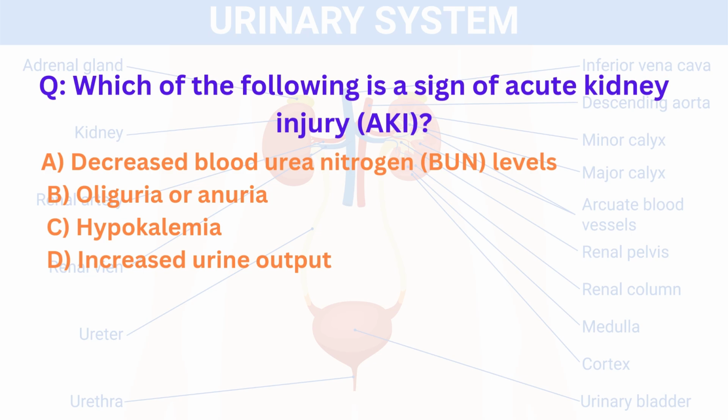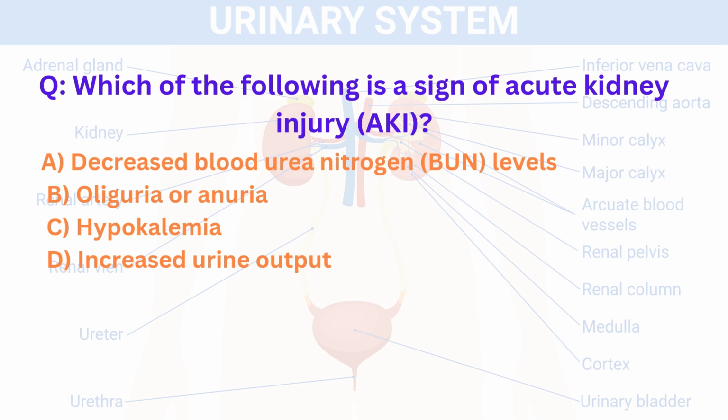Decreased blood urea nitrogen levels, that is BUN levels. Acute kidney injury typically causes elevated BUN levels due to reduced kidney function. Oliguria or anuria, it is the hallmark sign of acute kidney injury, characterized by reduced urine output or complete absence of urine production.